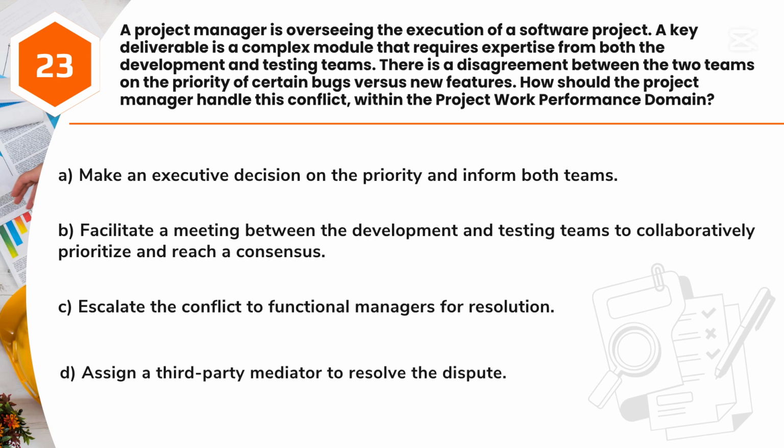A. Make an executive decision on the priority and inform both teams. B. Facilitate a meeting between the development and testing teams to collaboratively prioritize and reach a consensus. C. Escalate the conflict to functional managers for resolution. D. Assign a third-party mediator to resolve the dispute.